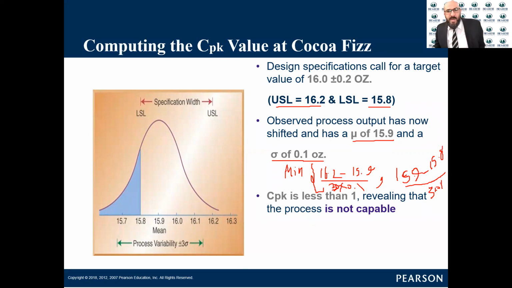And take the minimum between them, and you will see that the CPK is less than 1, so the process is not capable.